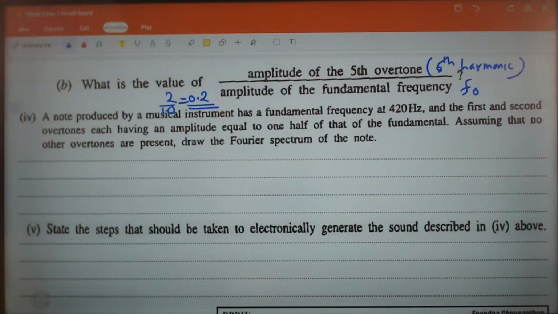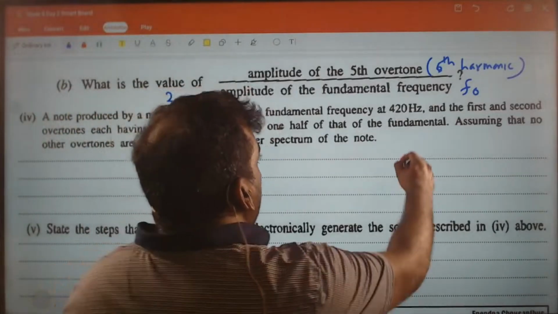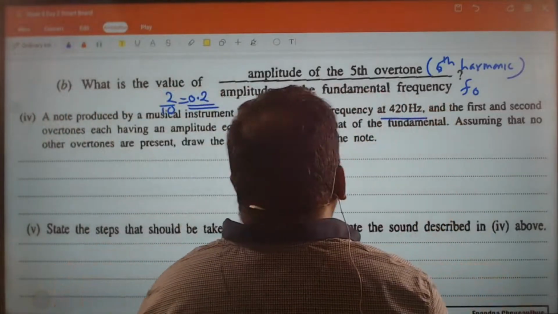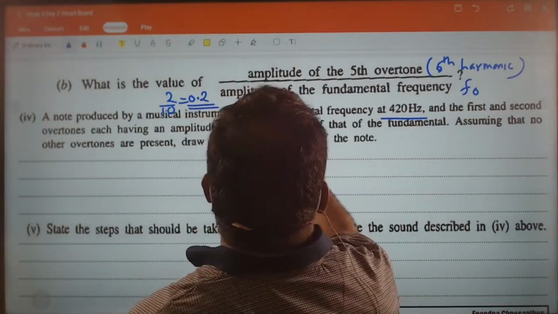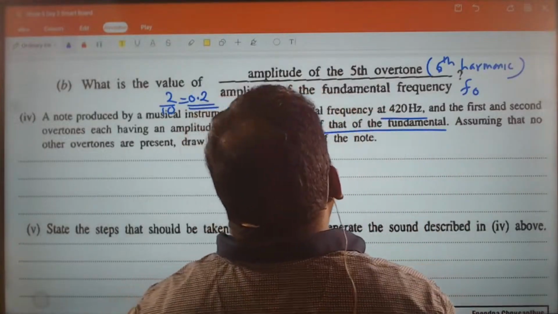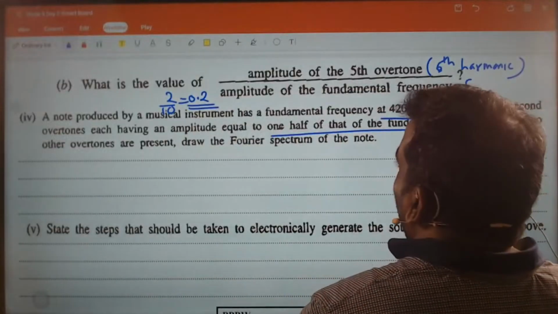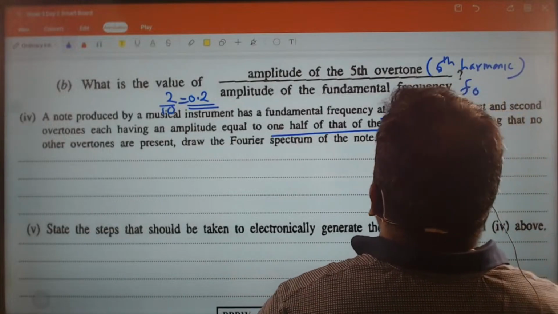Right. A note produced by a musical instrument has fundamental frequency 420 Hz, and the first and second overtones each have amplitude equal to 1/2 of that of the fundamental. Assume that no other overtones are present. Draw the Fourier spectrum for the note.